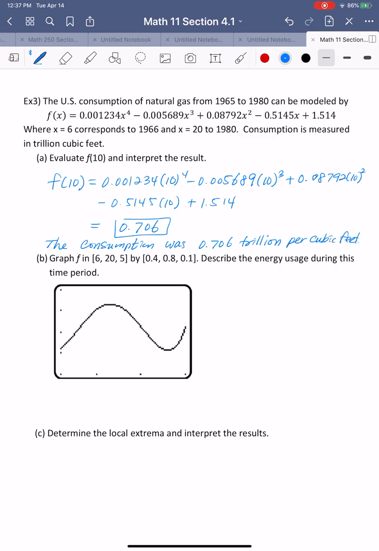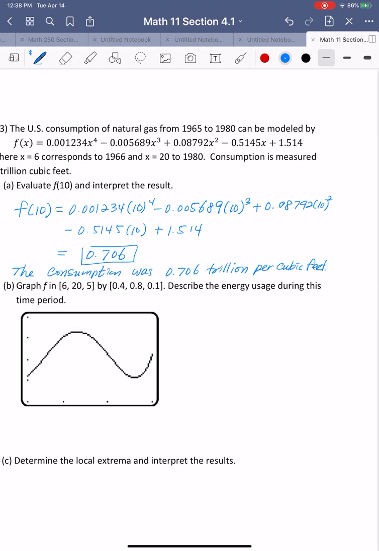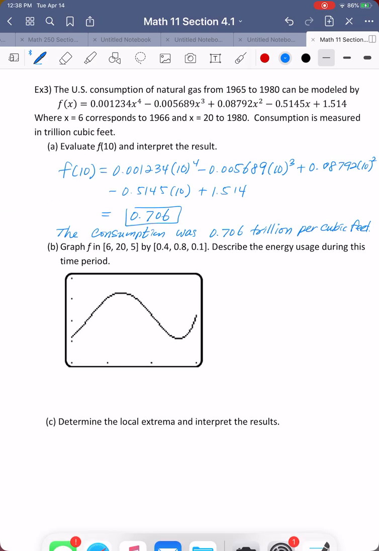All right, in B, we are looking at the 6 to 20, and then 0.4 to 0.8, and each one is 0.1. So I want to say it's from 6 to 20, and each one is going up by 5 in here, okay? So if I say this is about 1965, this is going to be 1970, and this is going to be 1975.